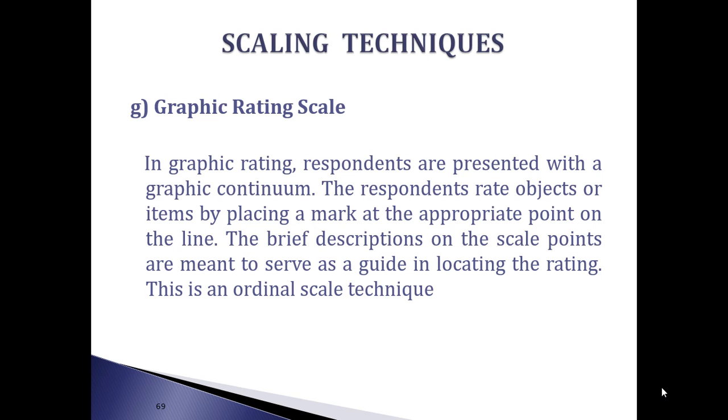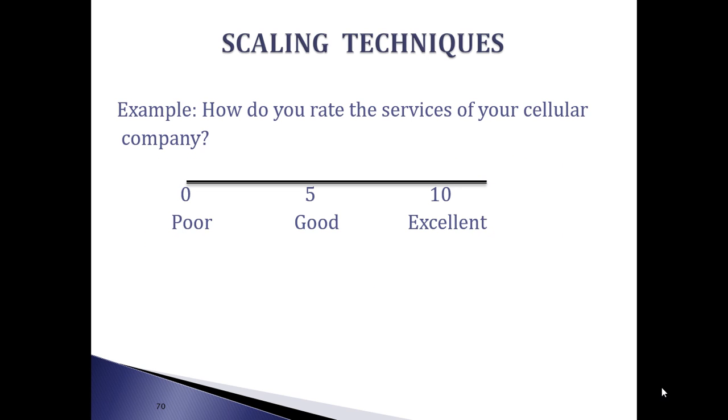This is an ordinal scale technique. For example, the respondents are asked to rate the services of their cellular company, and 0 to 10 are the points in the graph which represent poor to excellent services.